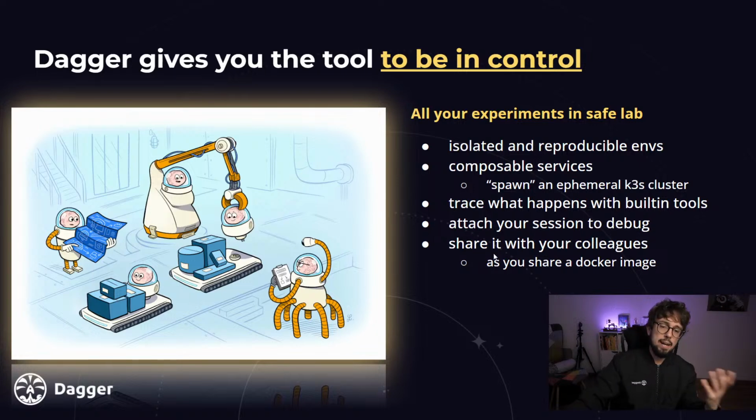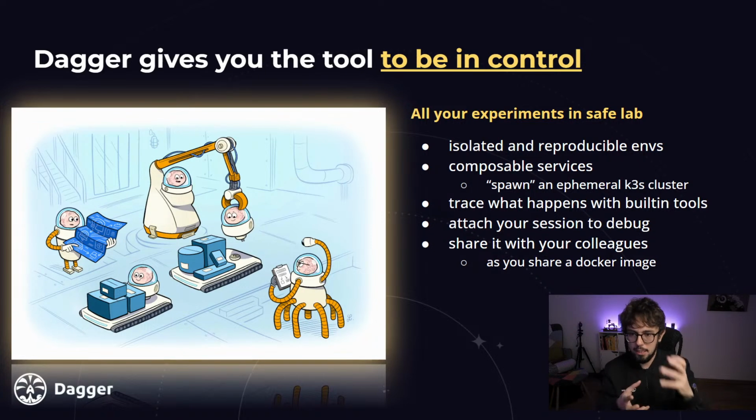Now, one final thought was, okay, yeah, I like it. I also wonder how I can share my work, right? Once I have my pipelines, I want to work together with other colleagues and make things even more complicated.